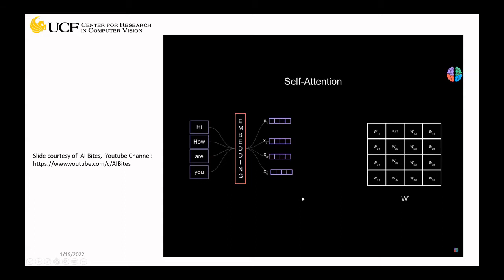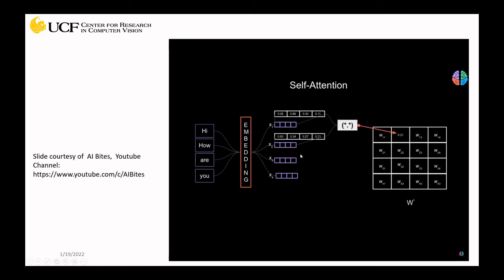Self-attention comes up with this attention matrix, the self-attention matrix, and that is nothing but taking the dot product of the first word with itself, then the second word, third word, and fourth word, and that becomes this row.